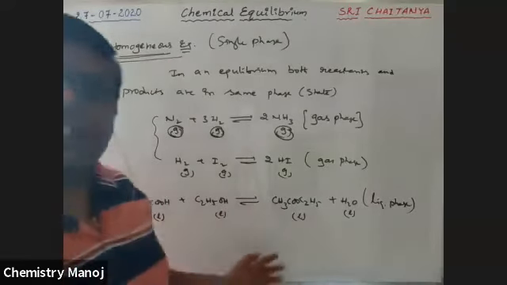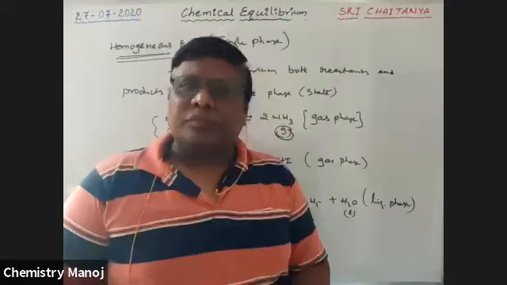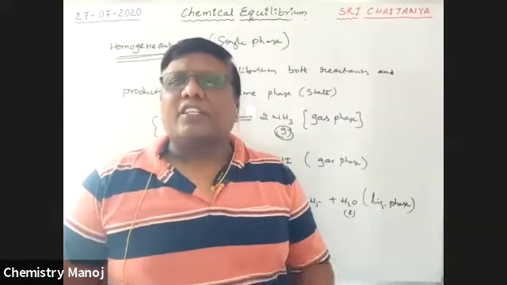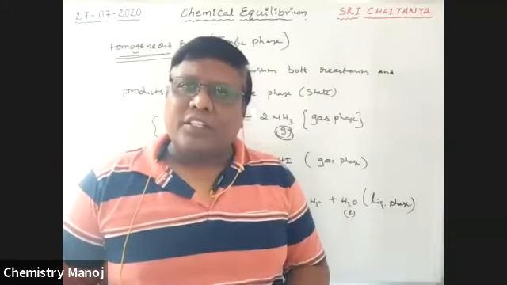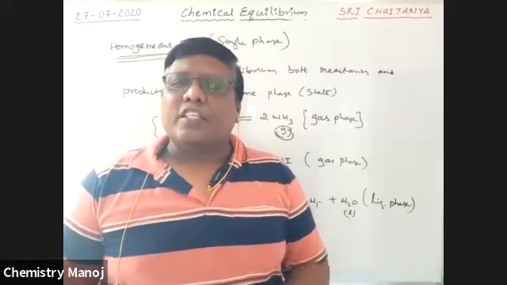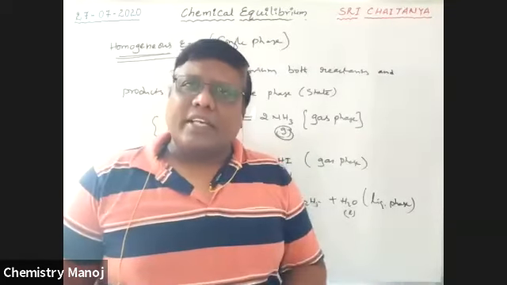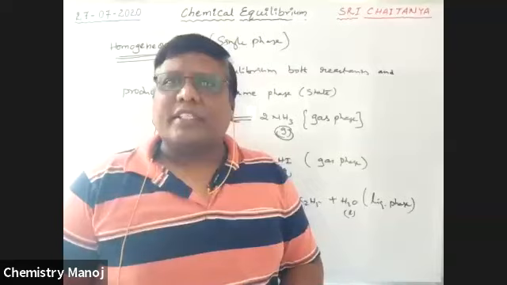If at least one of the reactants or products in the equilibrium is different, that is called a heterogeneous system. That means different physical states exist, which is called a heterogeneous system.